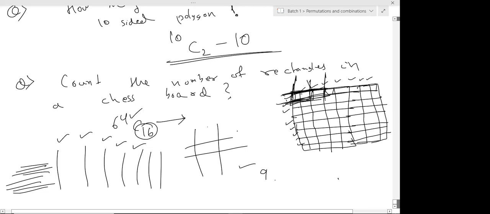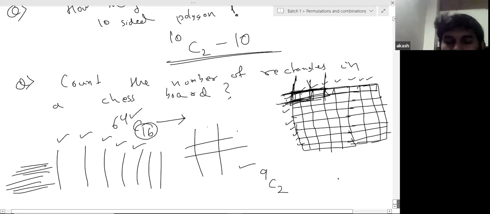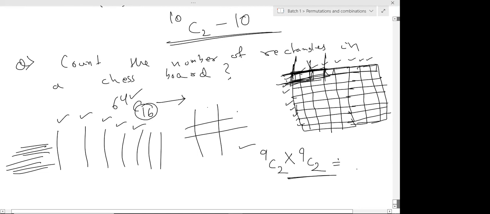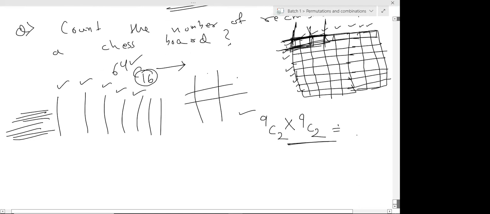Yes, sir. 9 vertical lines, 2 out of 9, so 9C2, and 9 horizontal lines, so 9C2. This is the answer. This is the number of rectangles in a chessboard. Clear? Yes, sir. Okay, write it down.